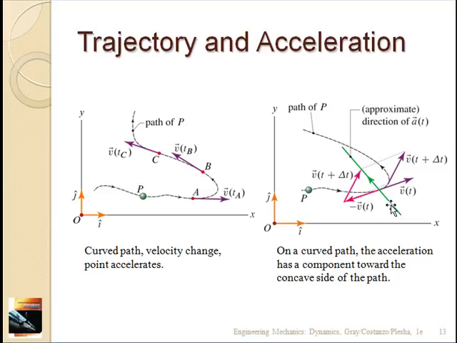Because we're moving from going in this direction to this direction, so the change in velocity is more in this direction. So the acceleration is this way, not tangent to the path, and that just reinforces the comment I made earlier that the acceleration is not tangent.